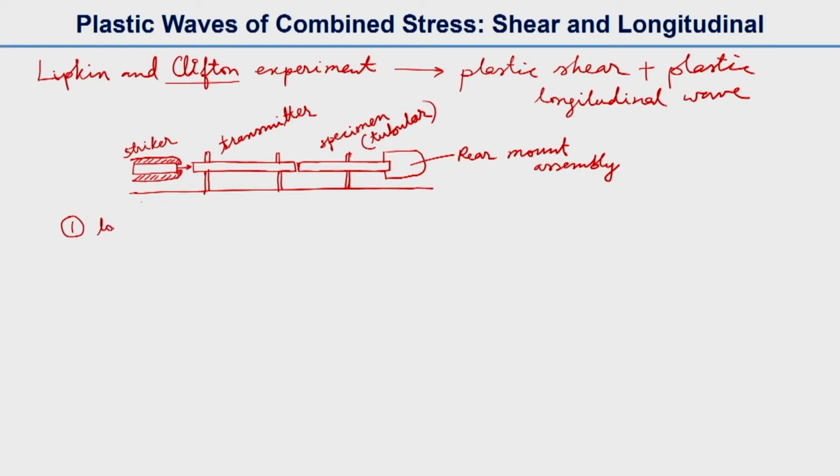So first torsion is exerted by the rear mounting assembly. I will write RMA for rear mounting assembly. That torque is beyond the yield strength, because we want to produce some plastic shear wave.